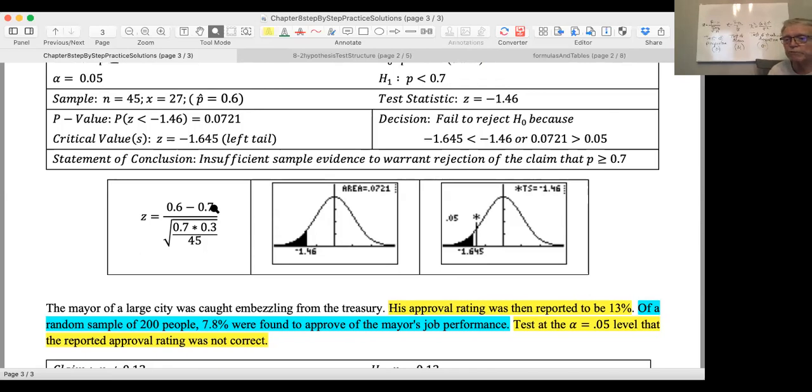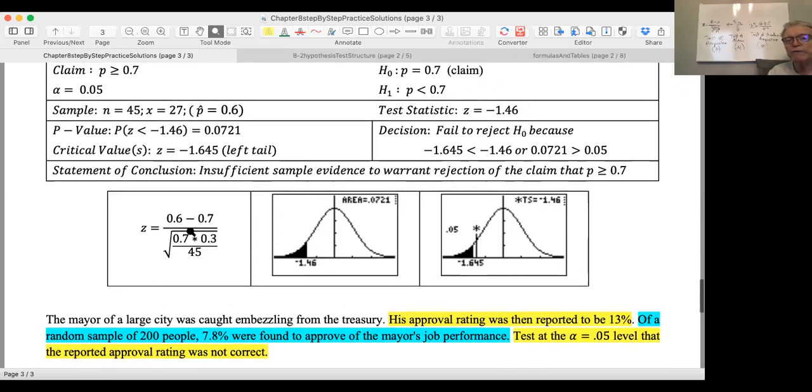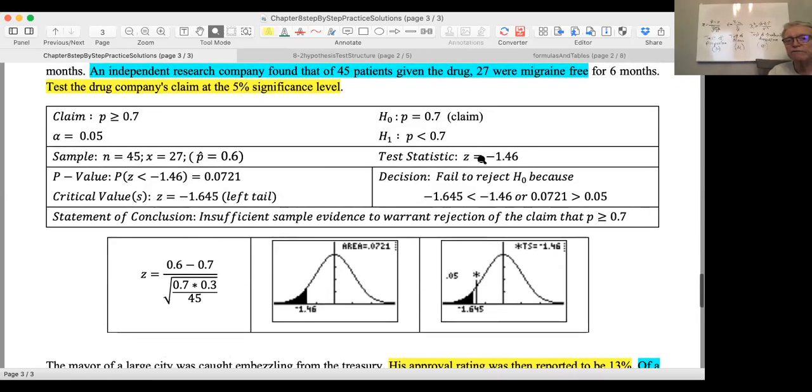That's the only place you need parentheses for the test of proportion. To find Z, you put parentheses only around the top. We evaluate that, and we end up with a test statistic of Z equals negative 1.46. So we've got our test statistic value.